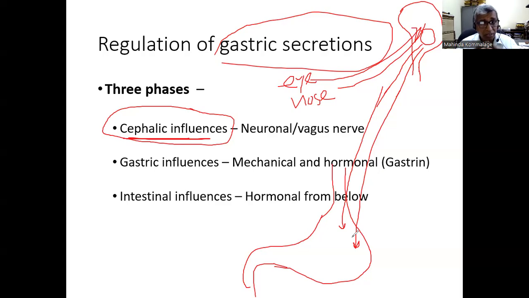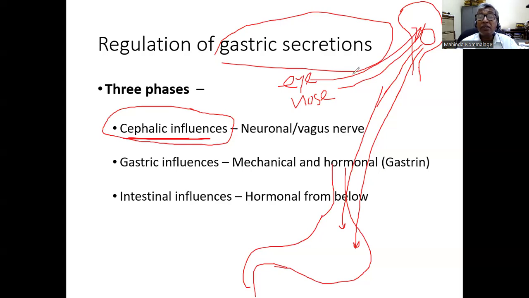We get salivation when we see the food, when we think about the food, right? Even with the smell we get salivation. So that will operate as a reflex, a cephalic reflex, or a reflex operating through the brain, right?